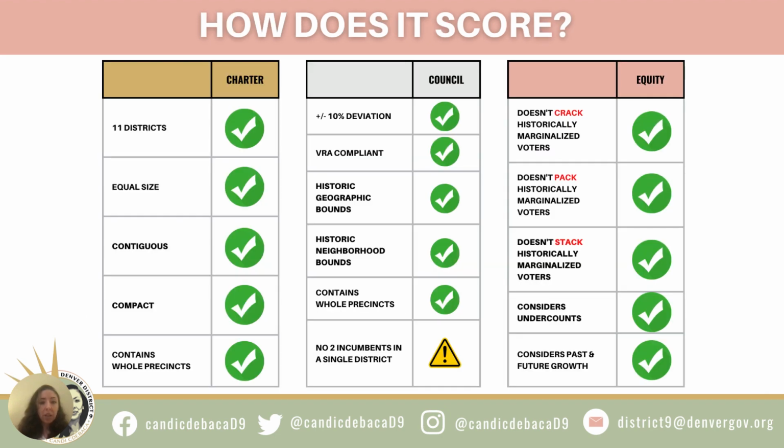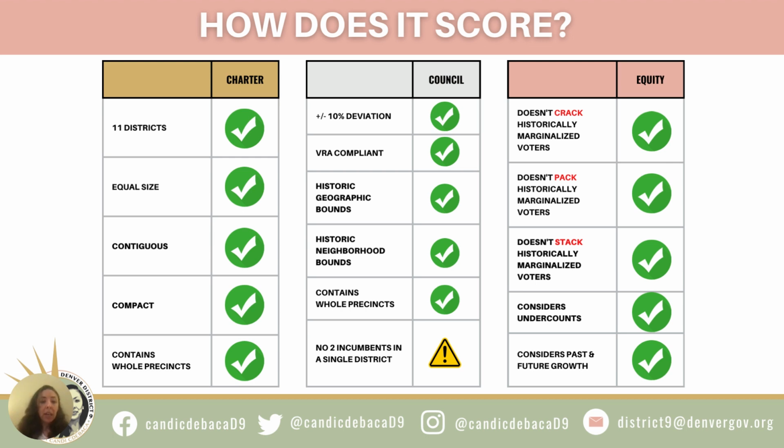This is just a quick snapshot of how map A, or the equity map, meets those 3 layers of criteria. It meets all of the charter mandatory criteria, and meets almost every one of the council criteria, except for that one piece about drawing around council members' homes. There is one district where we're actually drawing it, and it captures 2 city council members. That is one where I've acknowledged I've fallen slightly short, but it was to the extent possible given the other parameters.